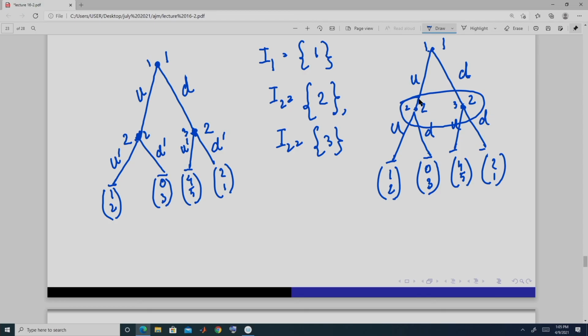But player 2 doesn't observe the action of player 1, but it knows player 1 can choose either D or U. It can be either in this node or in this node, but it is not sure whether it is in this node or in this node. So that's why we mark it in this form. Or another way to mark it is in this form.